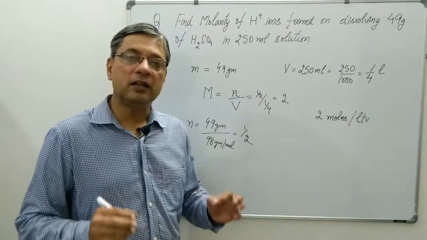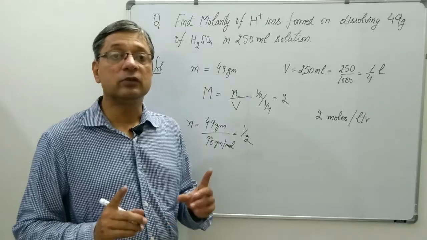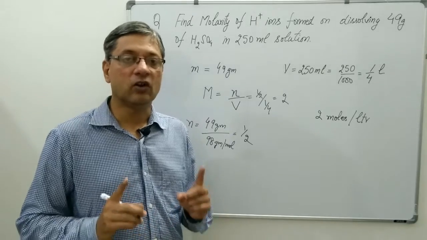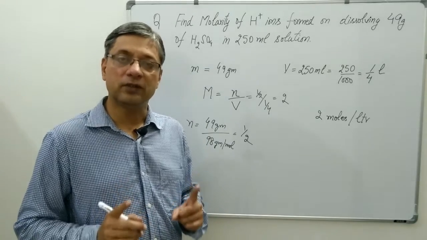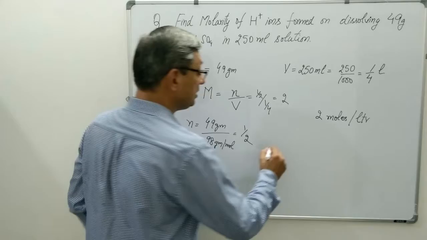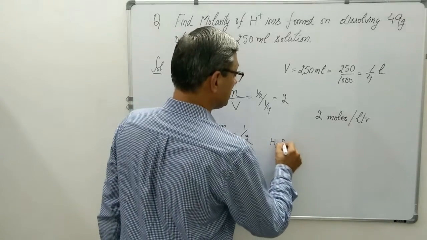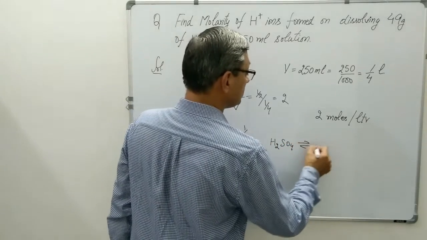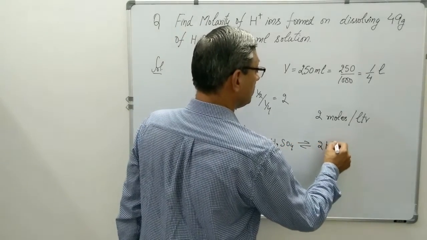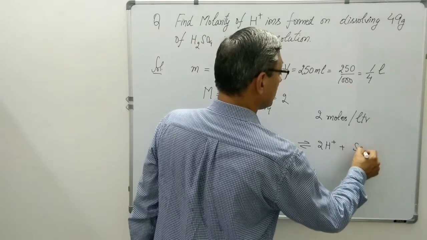To find the molarity of hydrogen ions, we have to write the chemical equation of dissociation of sulfuric acid. And the equation is sulfuric acid H2SO4 dissociates into 2 hydrogen ions plus sulfate ions.